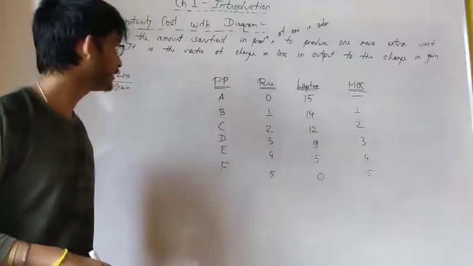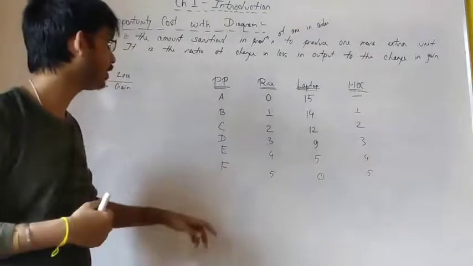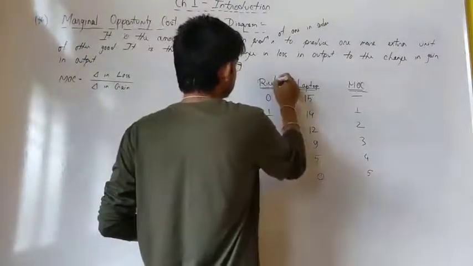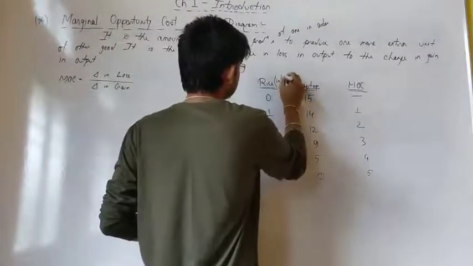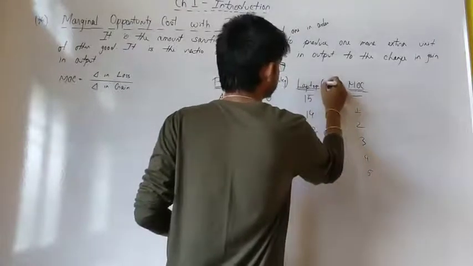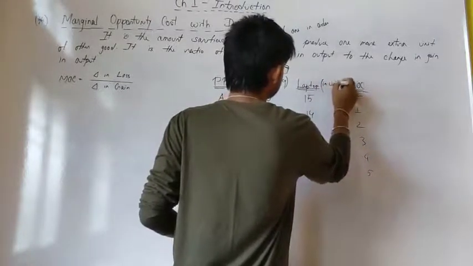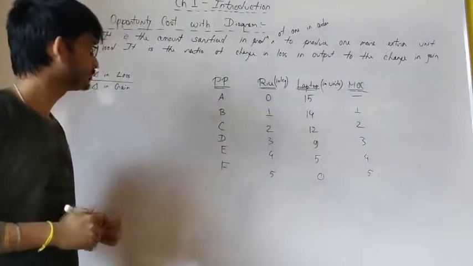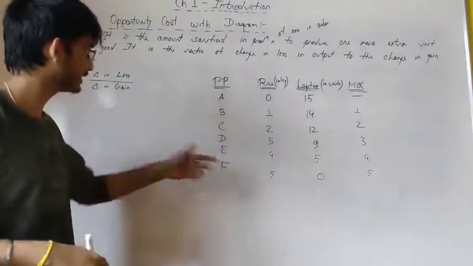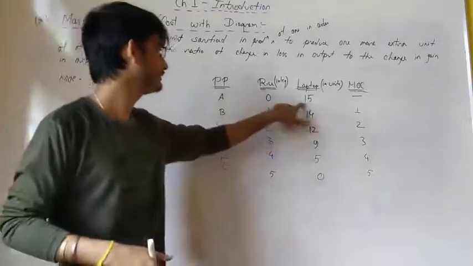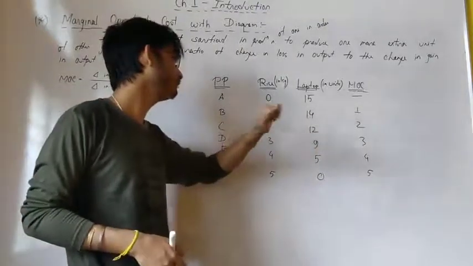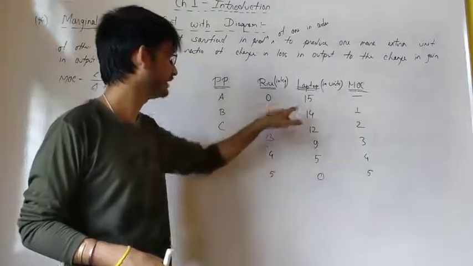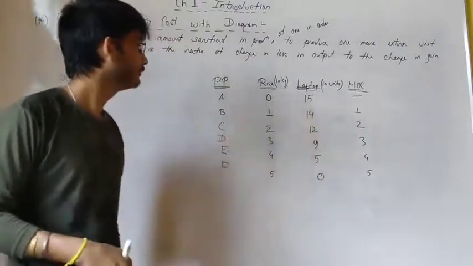But if it wants to produce one more unit of rice, and let's measure rice in kg and laptop in units, so if the economy wants to produce one more extra kg of rice, it needs to sacrifice 1 unit of laptop production, and it will come down from 15 to 14.